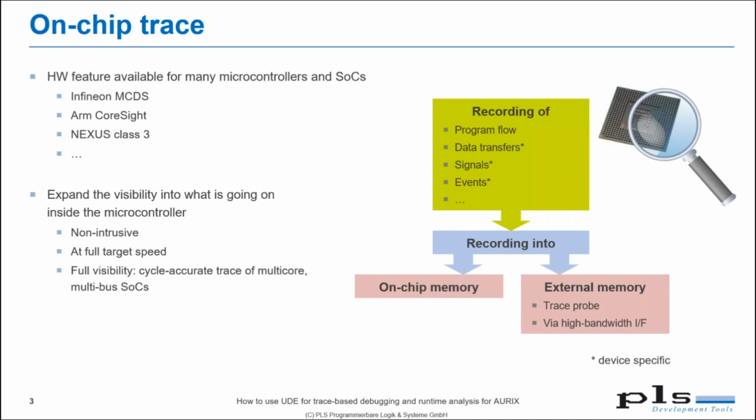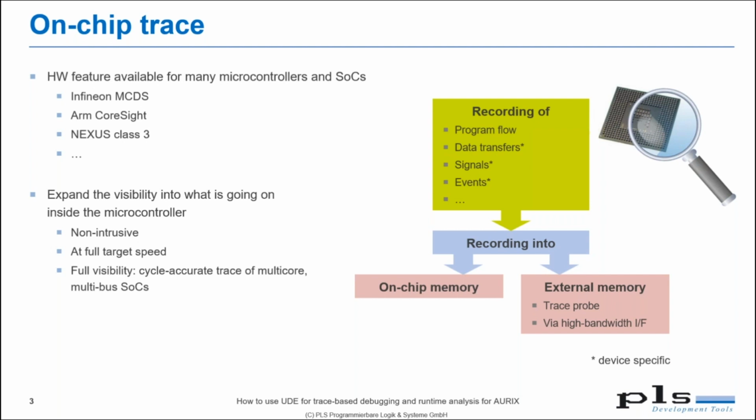In general, trace is very useful when you need a deep insight into the runtime behavior of your application. It allows you to observe the execution of code, of functions, or even tasks if an operating system is in place, or you can view the data transfers over the different system buses.